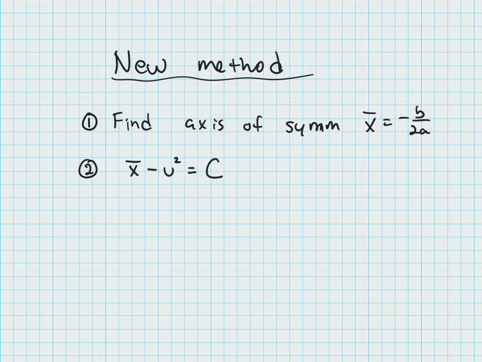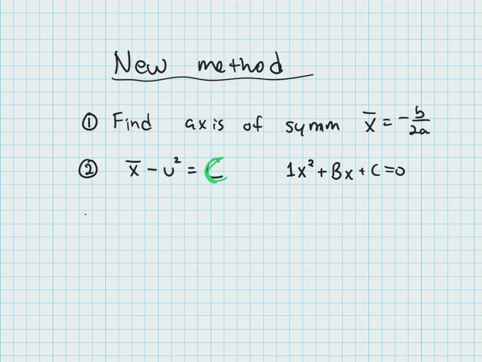And I do want to put a caveat here on this c. Make sure that when we write our equation in standard form, the a value is 1. So you might need to divide by a before you finish up and start solving it this way.